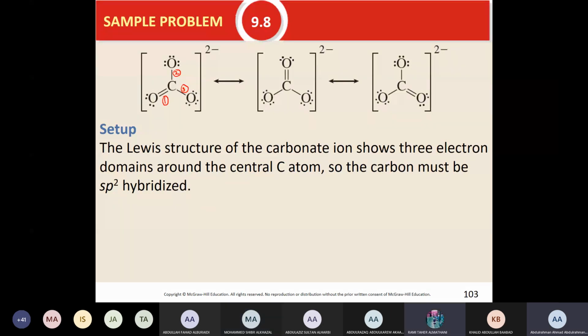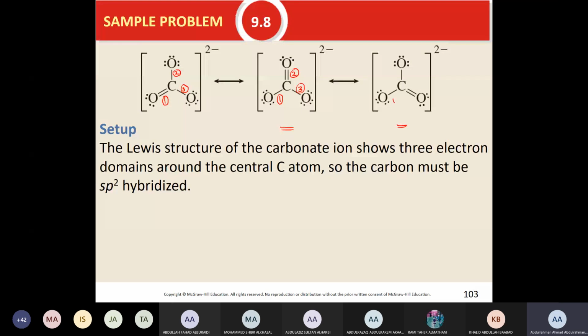Right? But that's just resonance. I will keep this as 1, 2, same order, 3. If we go to the shape, which one is the strongest bond now? 2. How about if we go here?